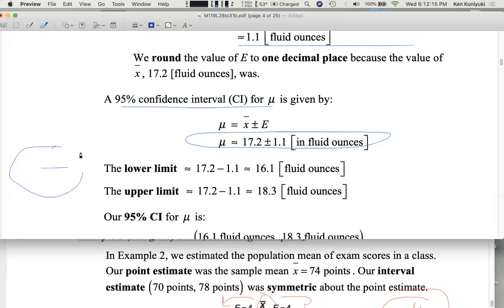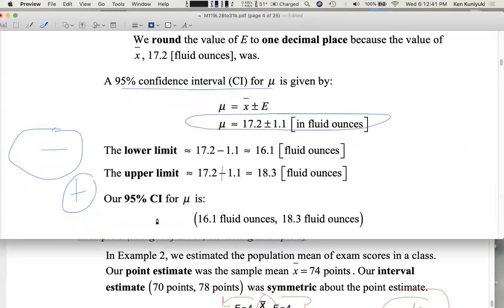Be careful. It's always going to correspond to the minus case. 17.2 minus 1.1. That's going to be about 16.1 fluid ounces. The upper limit, that's when you take the plus case. 17.2 plus 1.1. Whoops, that should be a plus sign there. Plus 1.1, and that's about 18.3 fluid ounces.